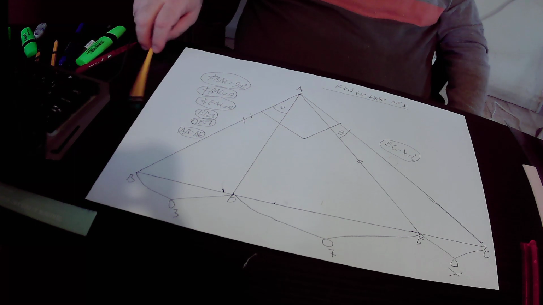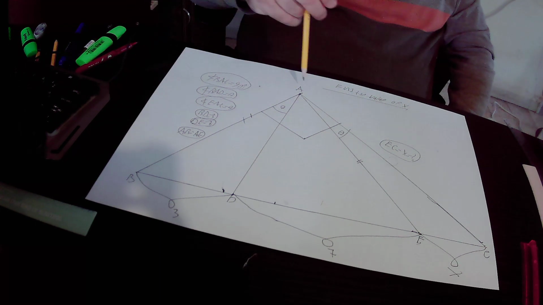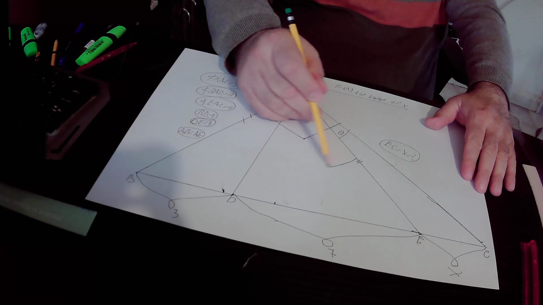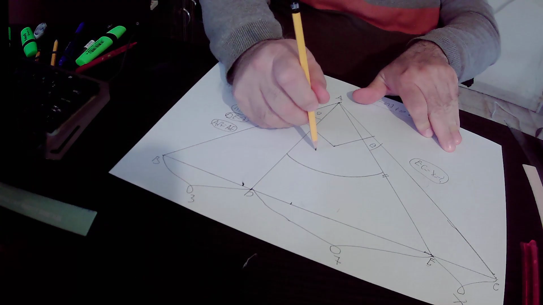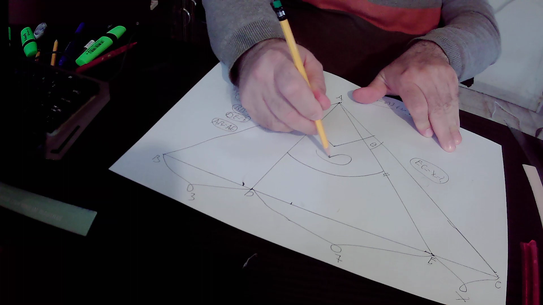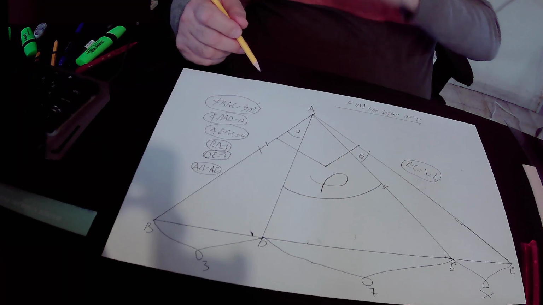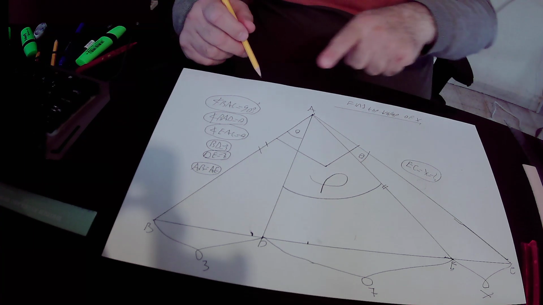So first of all, we will define angle DAE. This angle is alpha. And from point A, we draw a perpendicular to BC.